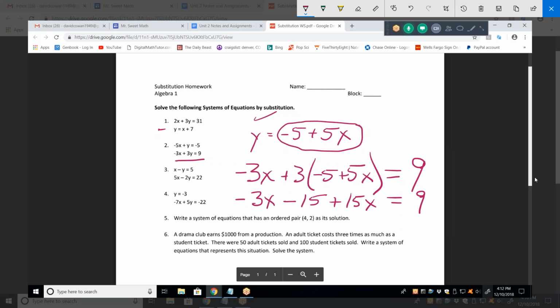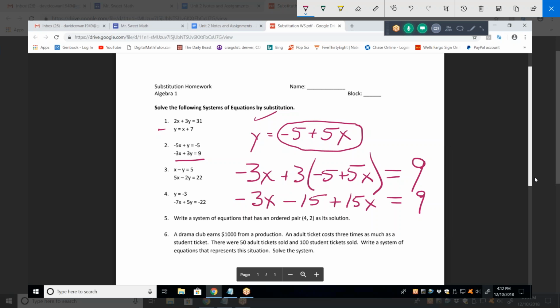Then won't you combine terms? Okay, do it. What's the next line? You're not only going to combine like terms, you're going to actually do two things. You're going to combine all the x's on one side of the equation, and you're going to combine all of the numbers that aren't with x's on the other side of the equation.